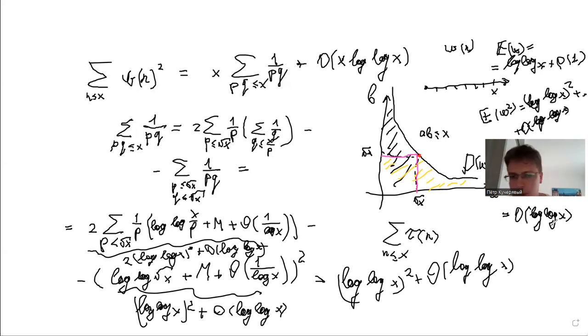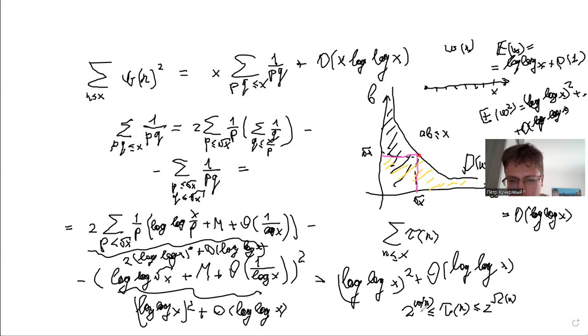The next problem, C, tells us to estimate the n such that tau of n is far away from the average, that there are not a lot of them. And here you can write such trivial estimates.